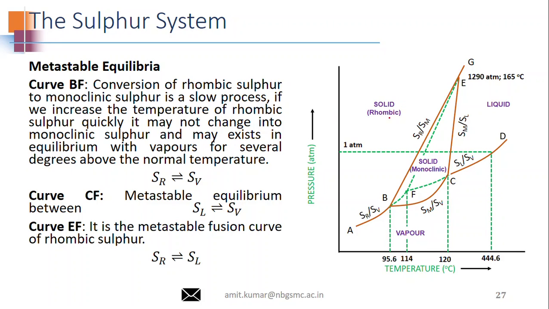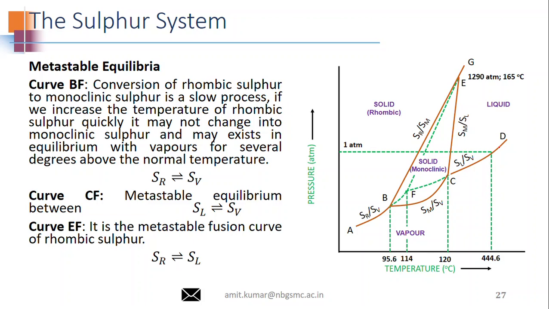Now we have metastable equilibria here as well. Looking at curve BF, the conversion of rhombic sulfur to monoclinic sulfur is a very slow process. So if we increase the temperature suddenly, going from point A to B, it can go along the BF curve. This is a metastable equilibrium between rhombic sulfur and vapor state.